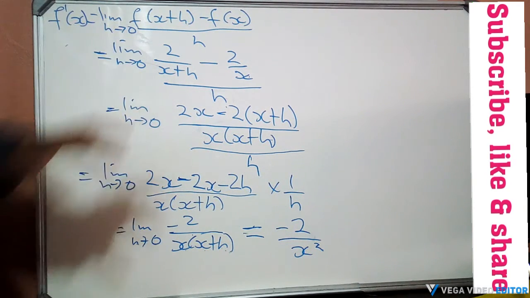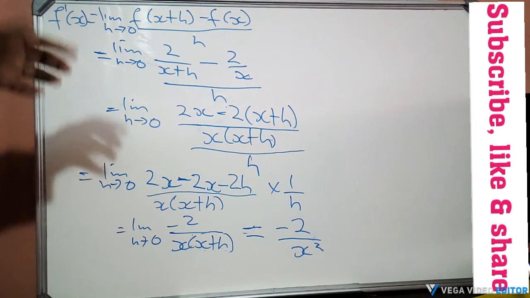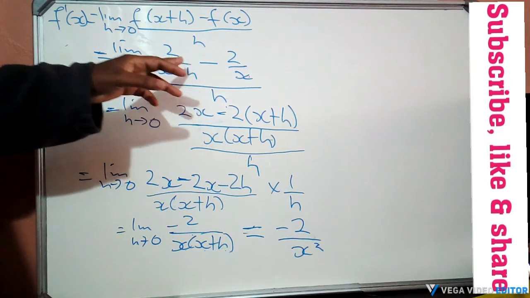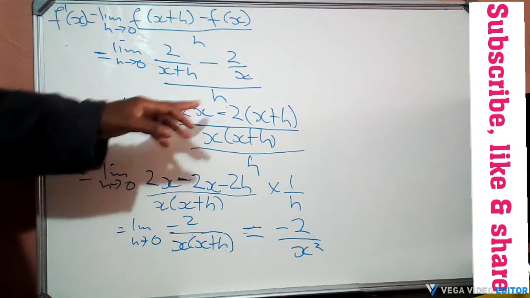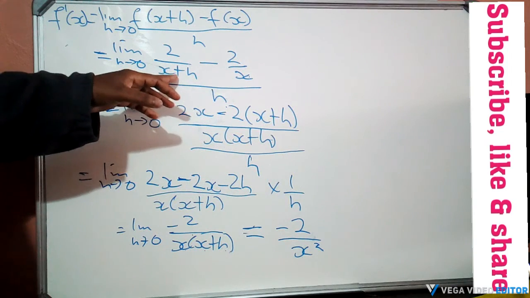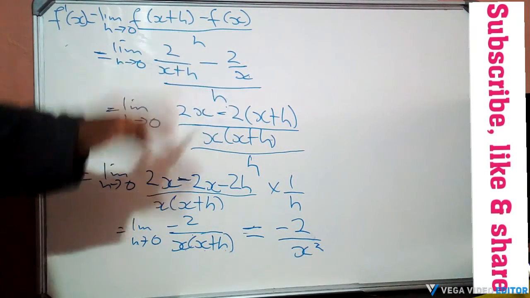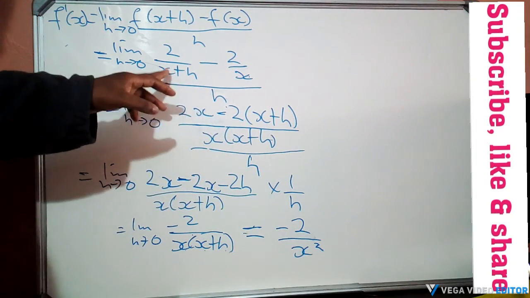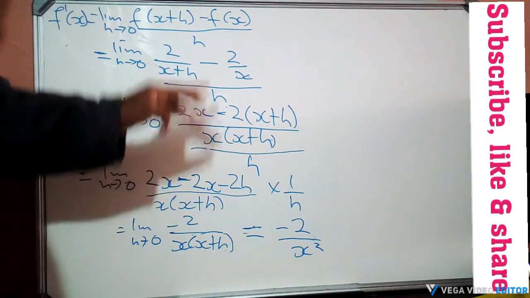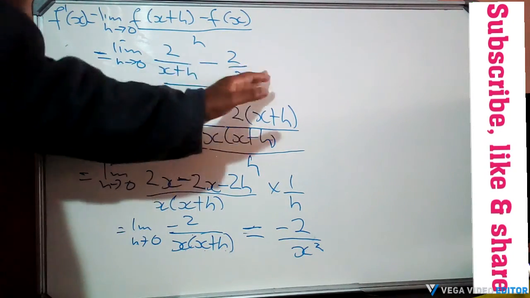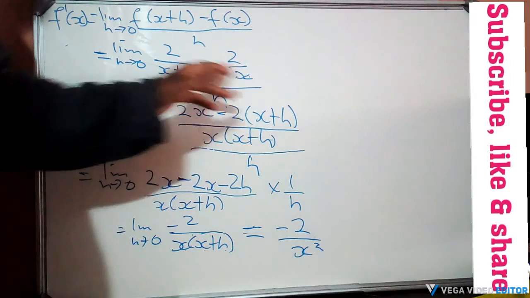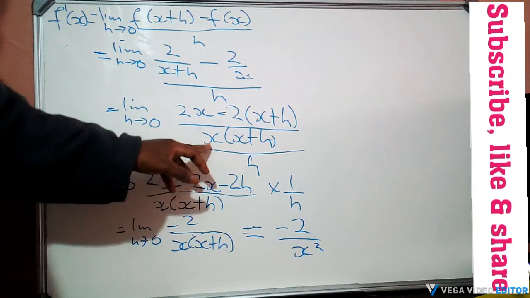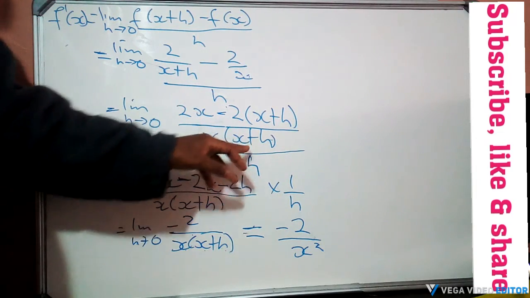Also remember that when you are subtracting fractions, you need to find a common denominator, and the common denominator is usually multiplying these times that. That is why we say x times x plus h, so that they become the factors of that common denominator, x open bracket x plus h.